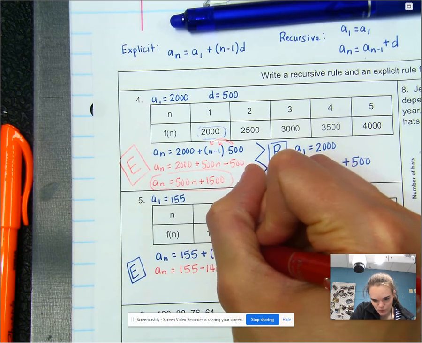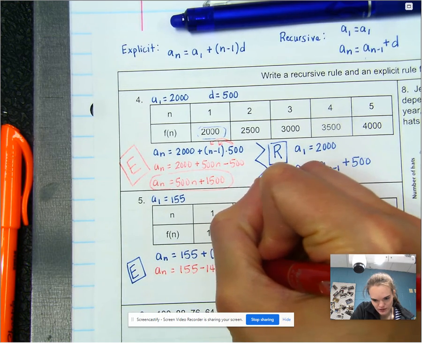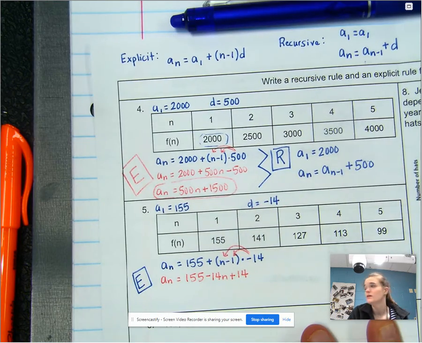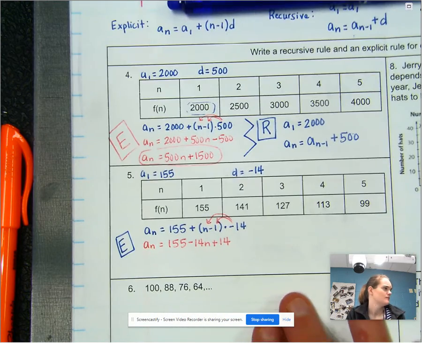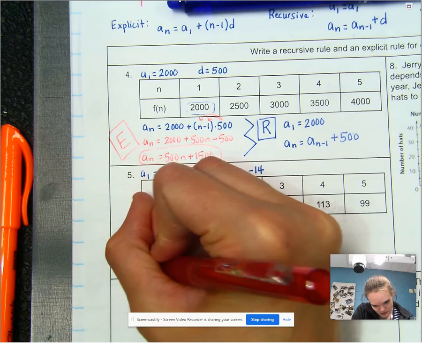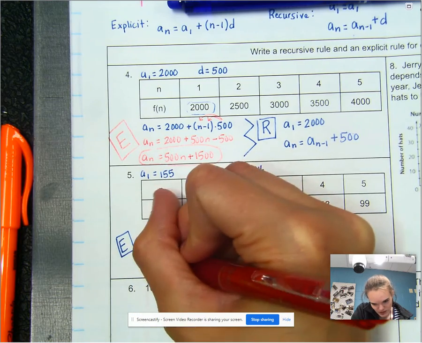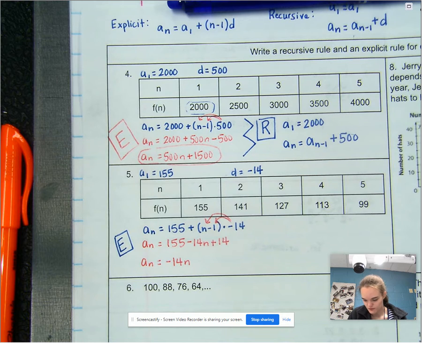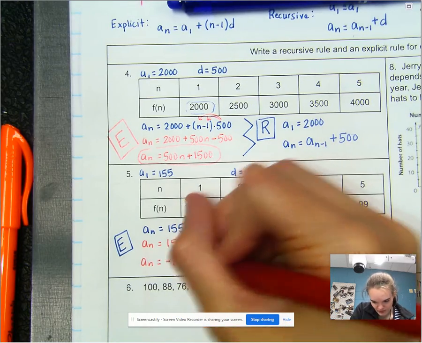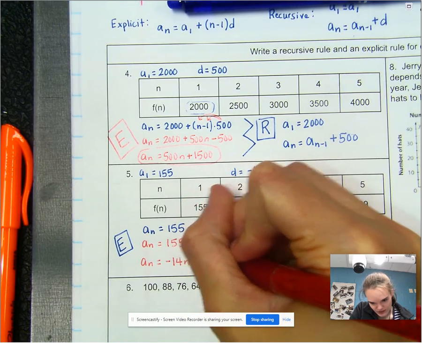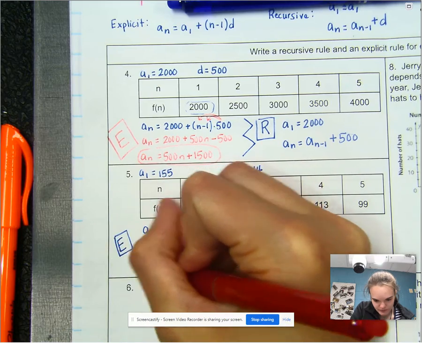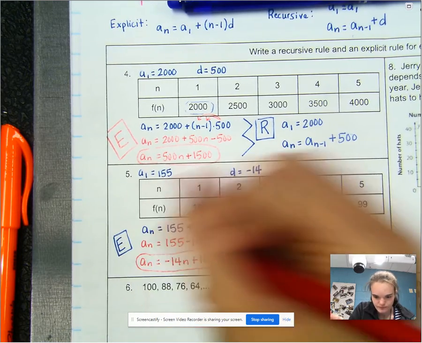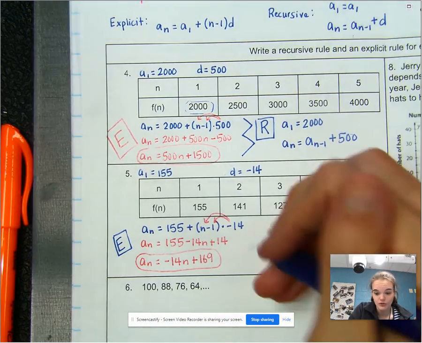Negative 14 times 1 is positive 14. A sub n equals negative 14n. And then 155 plus 14. Excuse me. That is 169. Here's the explicit. Now we'll do recursive.